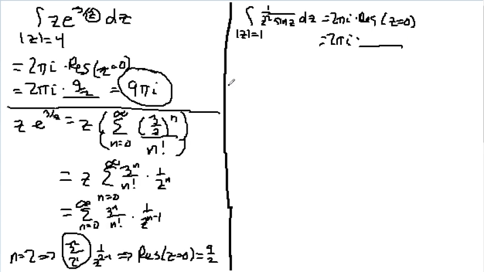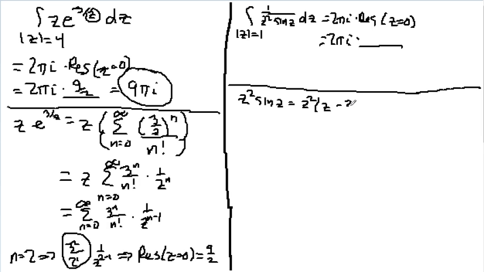And I can do this by going back to high school and remembering polynomial long division. So first of all, the denominator is z squared sine z, which equals z squared times (z minus z cubed over 3 factorial plus and so on).